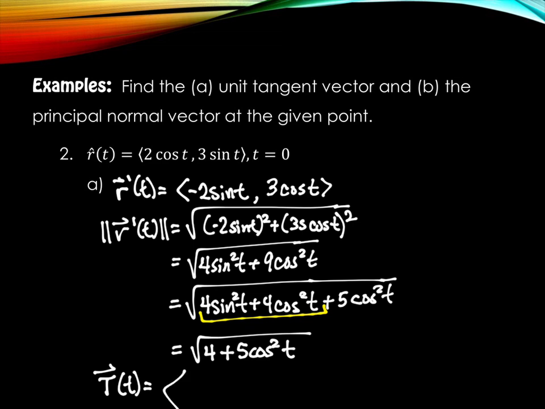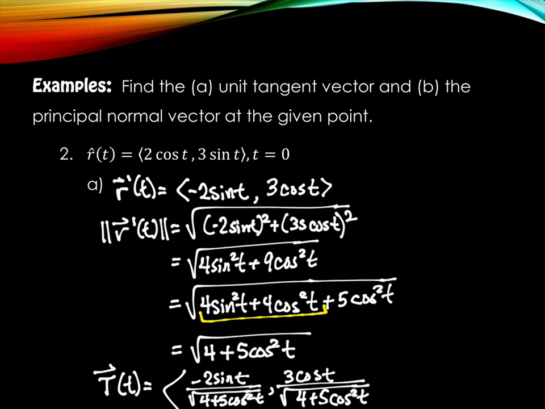So I'm going to have negative 2 sine t, and it's going to be over the square root of 4 plus 5 cosine squared t. And then I'm going to have 3 cosine t. And it also will be over that same square root, 4 plus 5 cosine squared t.